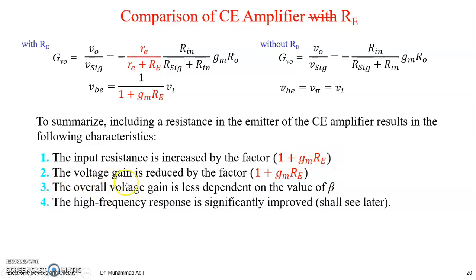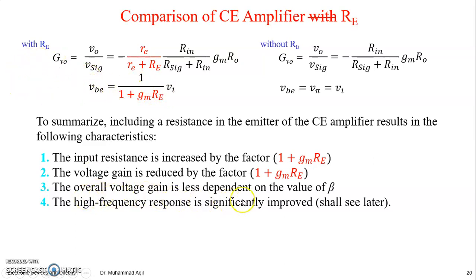The voltage gain is reduced by this factor. This is the disadvantage I have told you, because this much less signal is appearing at the base to emitter as compared to without RE. So whatever voltage is appearing is what is amplified. A lower signal appearing means lower gain.